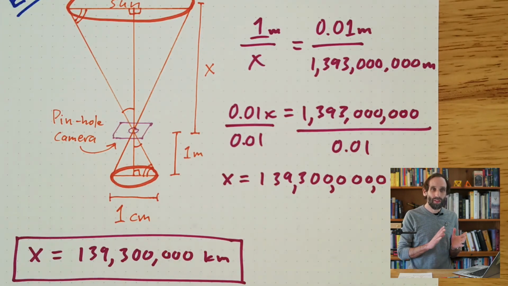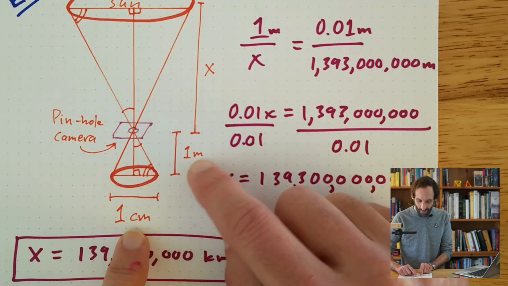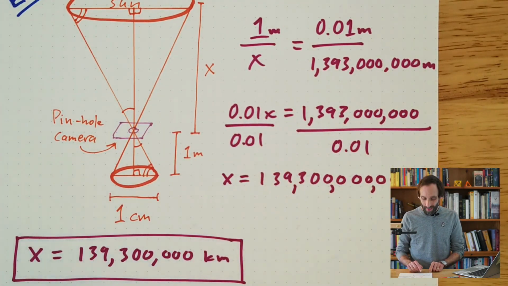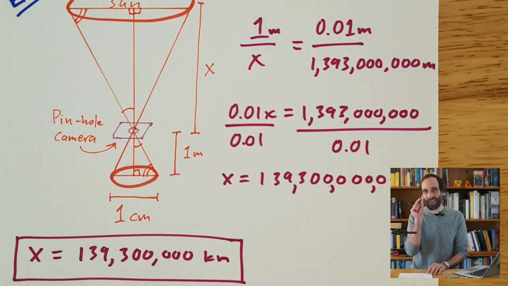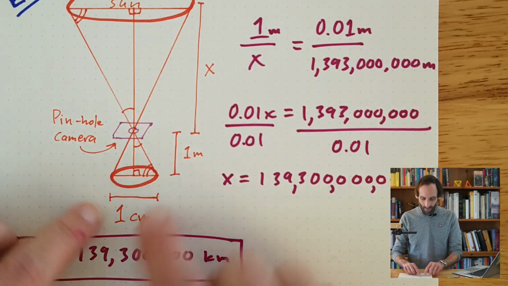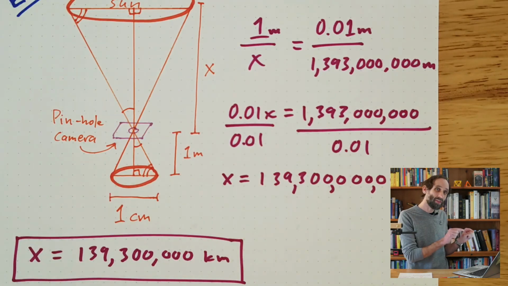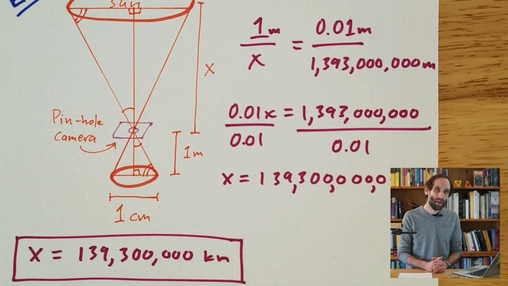So the reason we're off a bit is that these numbers just aren't precise enough. If the distance from the pinhole camera to the screen were 1 meter, then this 1 centimeter distance would be just a little bit off from that 1 centimeter. So you would need more precise measurements basically in order to get the correct value of 149 million kilometers.